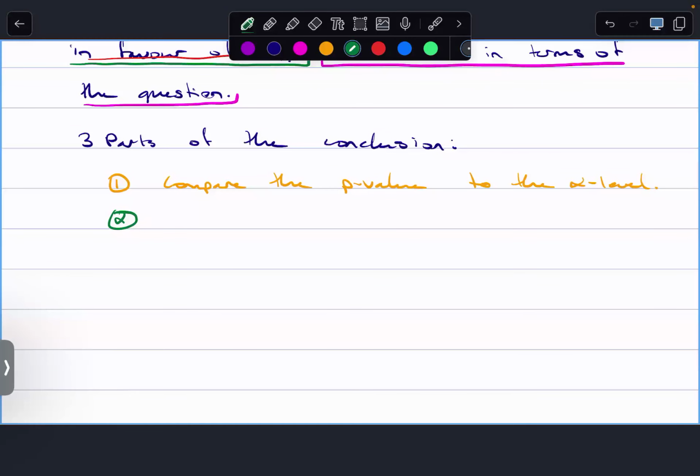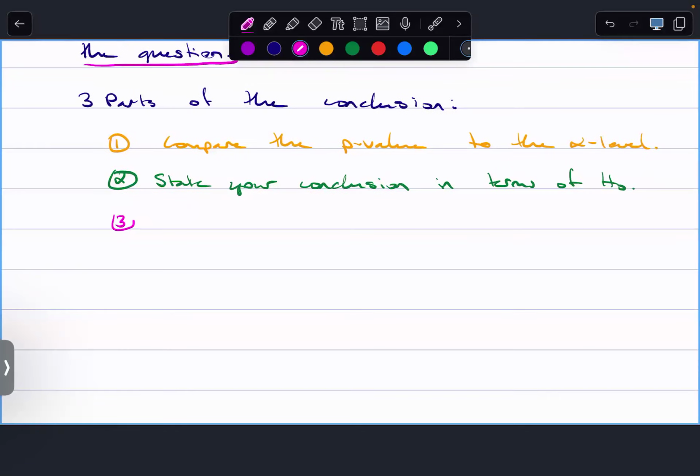And we've already talked about why it's important that it's in terms of H naught. It's because we did all our testing assuming that it was true. And so you either have enough evidence to reject it or you don't. And then finally, the conclusion in terms of the question.